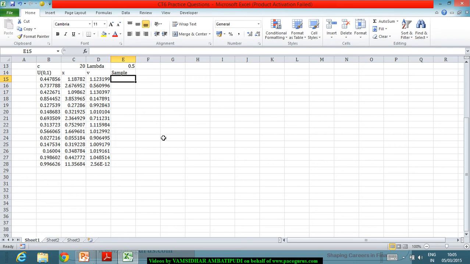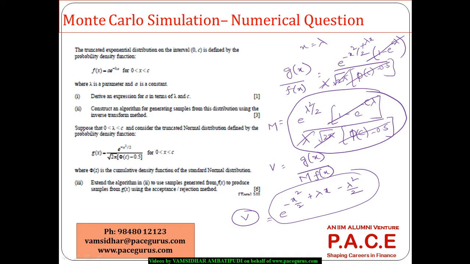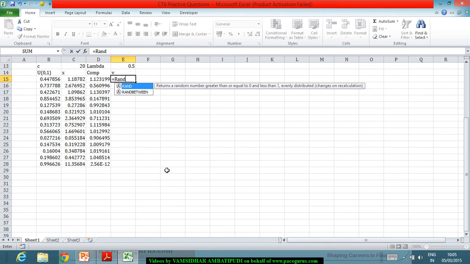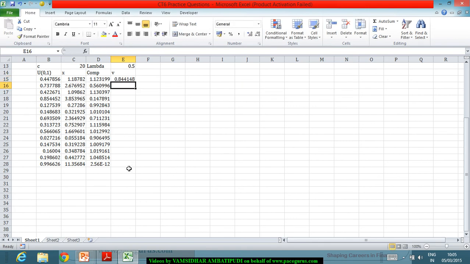So here, this is the computation, which is e to the power of minus x squared. So this is the computation value. Now v we are generating from a uniform random sample. So let's say I am generating these as my v's.